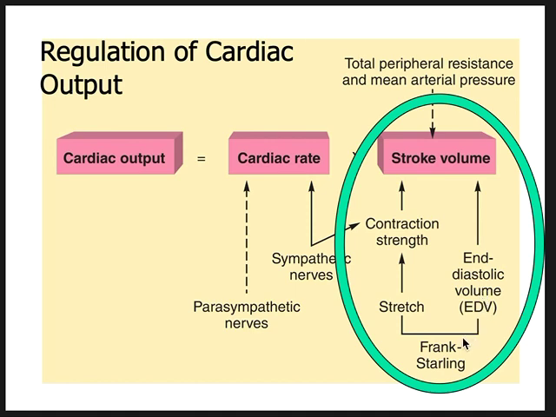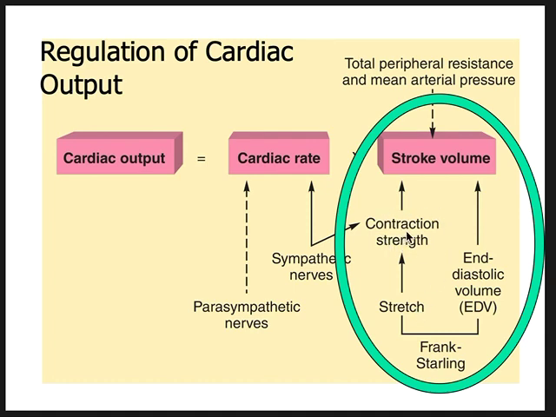That is part of the Frank-Starling law that we're going to look at in just a moment, which is related to stretch. So if you stretch out your ventricle, then you're going to increase your stroke volume. Also, you can increase contraction strength, which is stretch is going to lead to a harder contraction, but that's more from an elastic property.